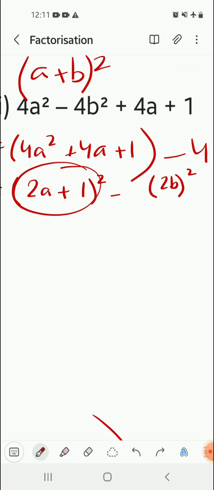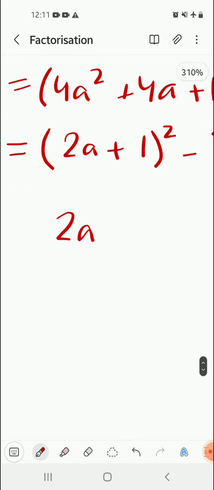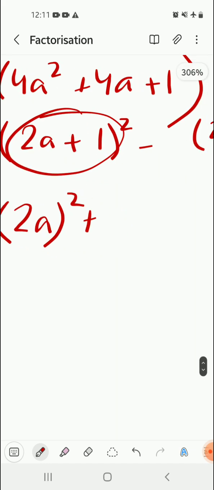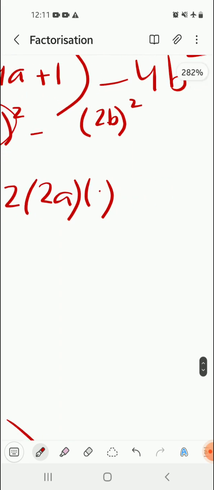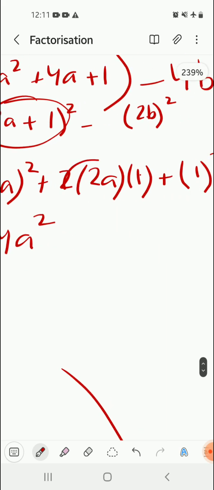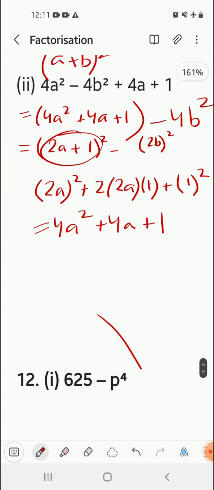See, if we break it up, a plus b whole square is a square plus 2ab plus b square. So we get 4a square, 2 into 2, 4 into 1, 4a, plus b square. So see, we have got this.